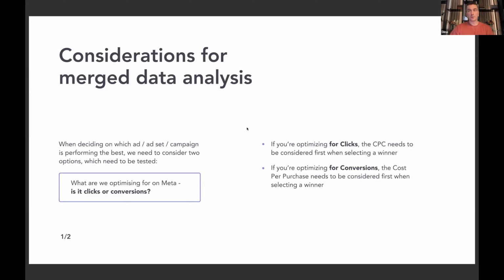If you're optimizing for conversions, you are unfortunately most probably going to be paying premiums in CPMs, and that's going to result in higher CPCs, but that should be higher quality when it comes to the traffic that's coming to the site.